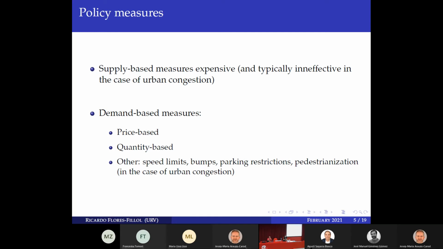In the old days, cities were worried about including more parking facilities, and now we are observing the opposite: reducing parking facilities to create disincentives to the use of personal transportation. But I'm going to quickly focus on this difference between price-based policies and quantity-based policies.